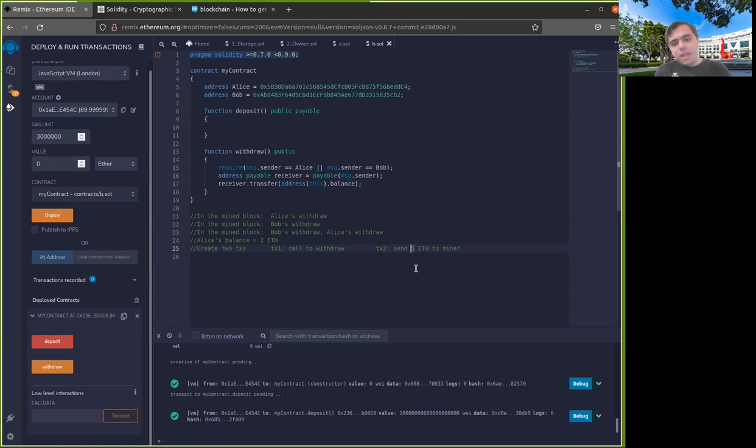So now we are basically bribing the miner. And a rational miner, a miner who wants to maximize their own payoff, would then put the transaction by Alice first. This is a very complicated game theoretic behavior where someone is basically bribing the miners to do some things, and all of this is happening outside of our contract.